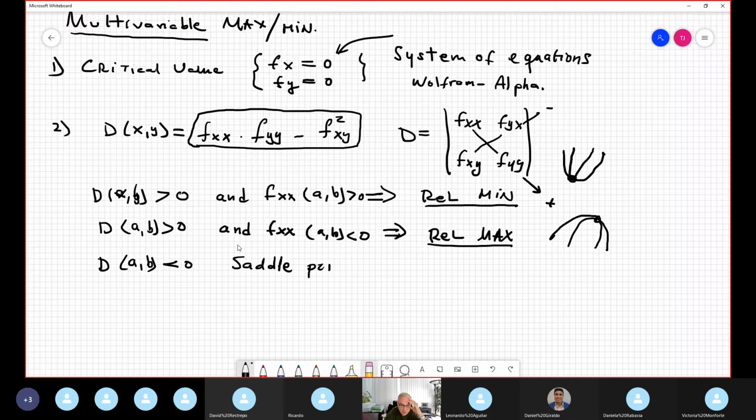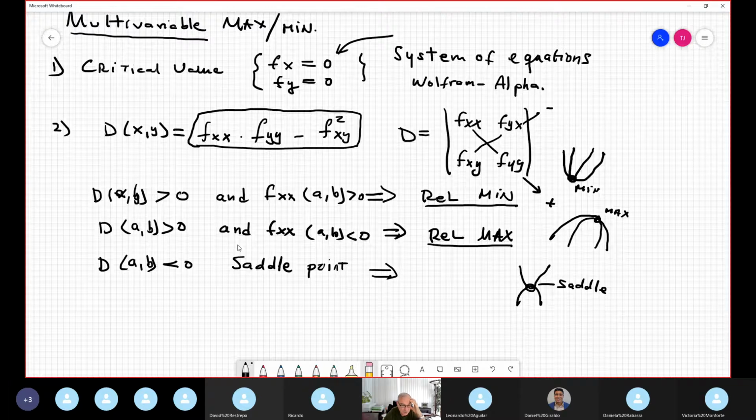Saddle point means, suppose at one specific point the derivative with respect to x looks like that, and the derivative with respect to y looks like that. What's the behavior of this point? It's a saddle point. In this case was minimum, in this case maximum, in this case a saddle point. I brought one example in GeoGebra to illustrate the saddle point very well.